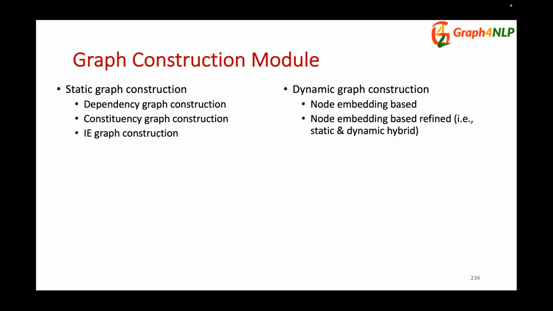As for dynamic graph construction, there are 2 APIs. One is for node embedding based dynamic graph construction, and the other is for node embedding based refined graph construction. The first one utilizes the node embedding based graph similarity metric learning function we previously introduced. And the second one tries to combine the benefits of both static graphs and dynamic graphs.